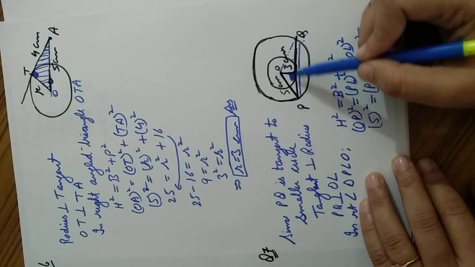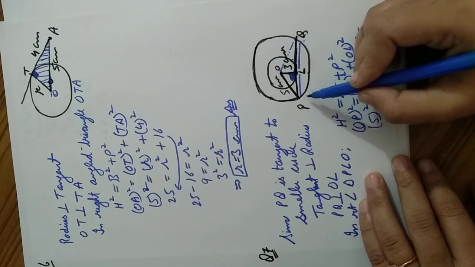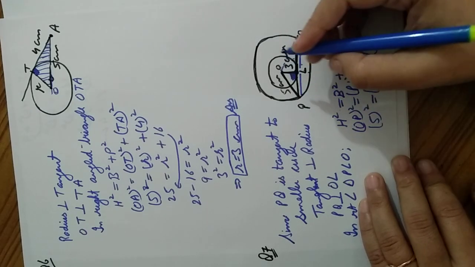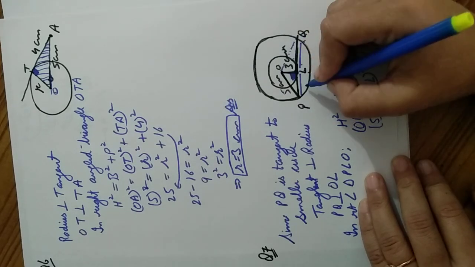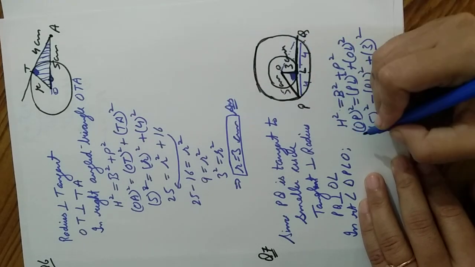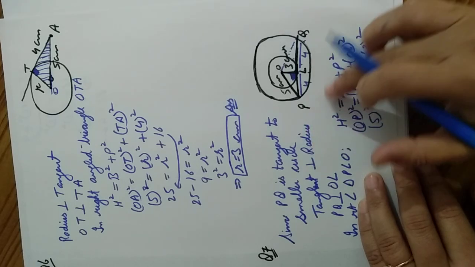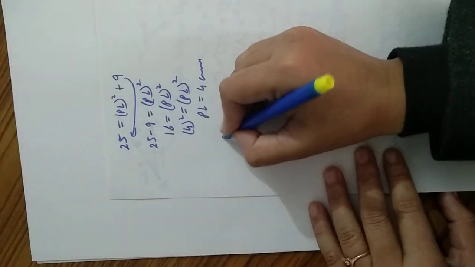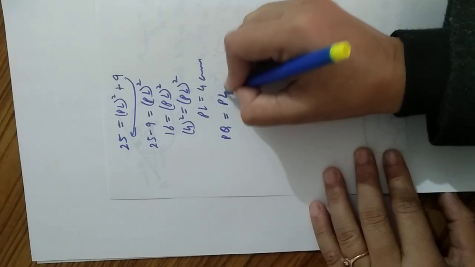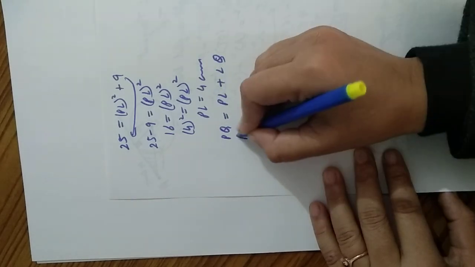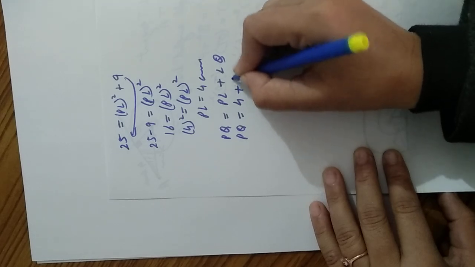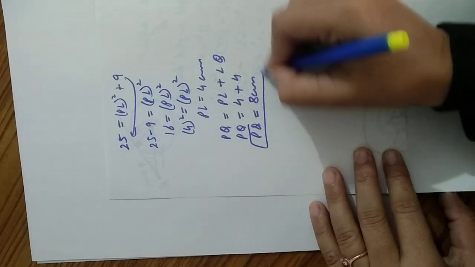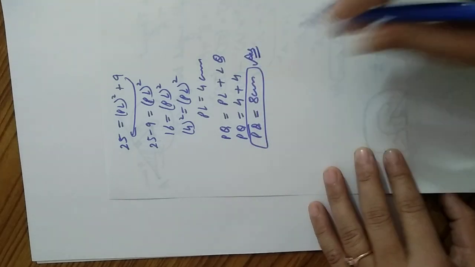If those two triangles are congruent, then by CPCT PL and QL are of same measure. If we have found PL is equal to 4 centimeter, then QL is also 4, and its full length will become 4 plus 4 is equal to 8. So you will write PQ is equal to PL plus LQ, PQ is equal to 4 plus 4, and PQ is equal to 8 centimeter.